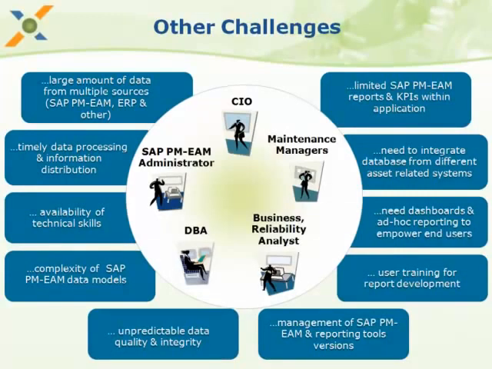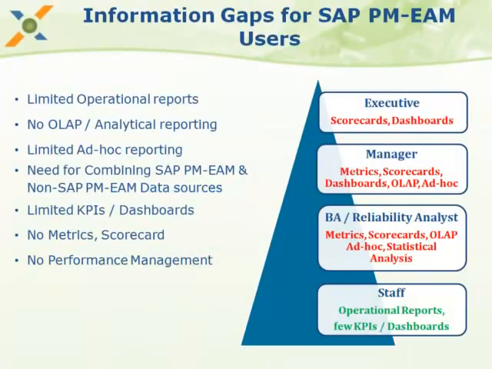Most of the time we get some operational reports, but getting a lot more OLAP or analytical reporting is not easy. We get something with BW, but ad hoc reporting is also a little limited. And whatever we get, basic KPIs may not be sufficient for a particular business or company. Depending on their initiatives, they may like to monitor other metrics, scorecards, etc. And there is obviously no formal performance management.